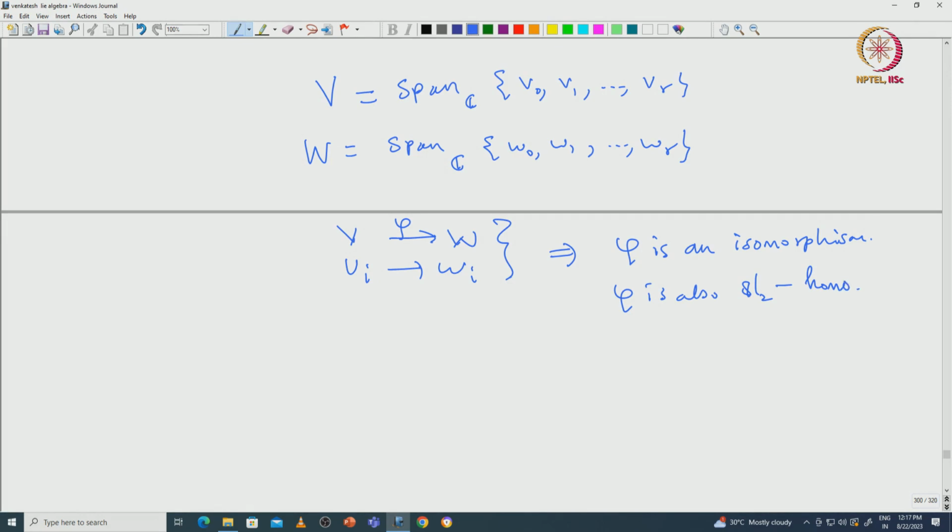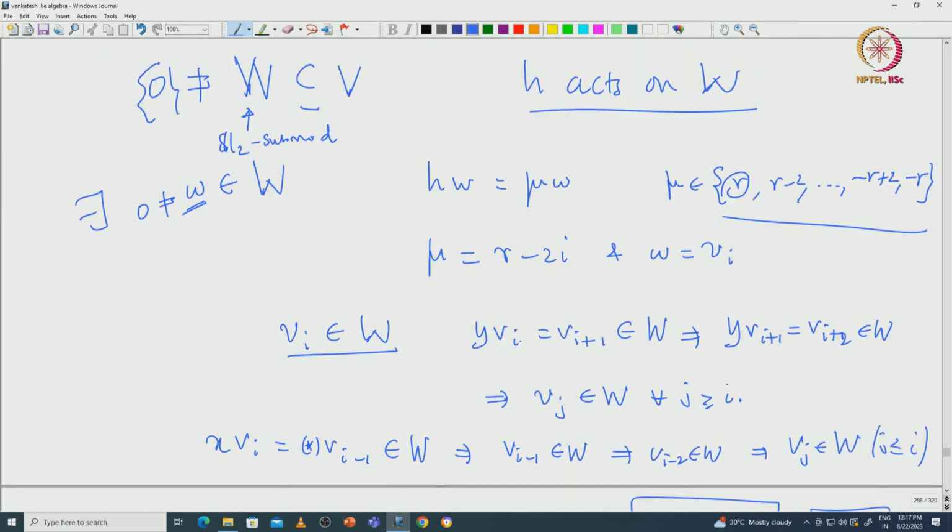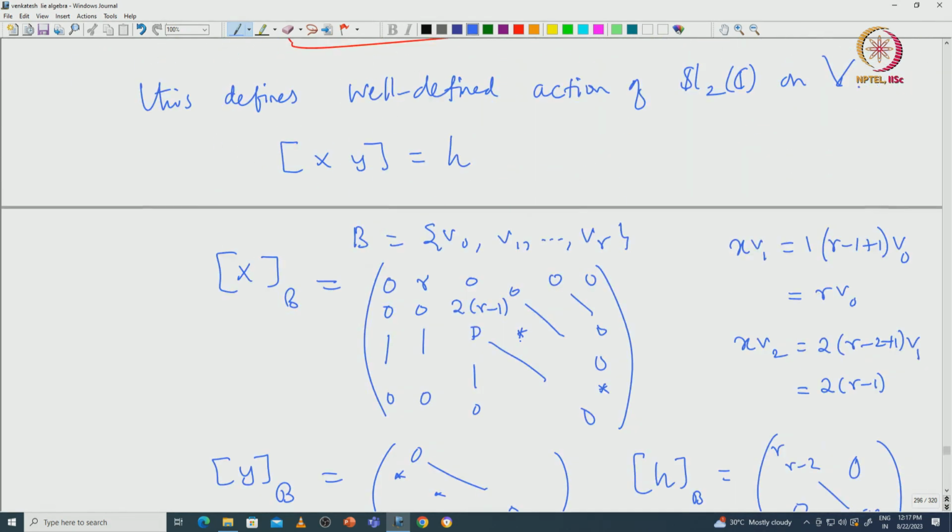Okay. So, that proves this phi actually gives an isomorphism between these two SL2 modules. So, that proves that the map that we have defined is indeed injective.